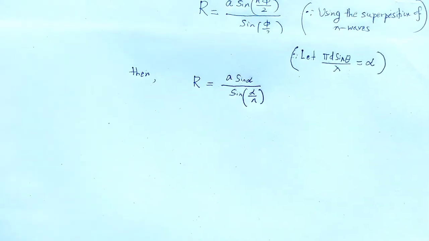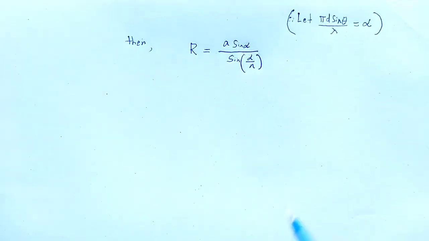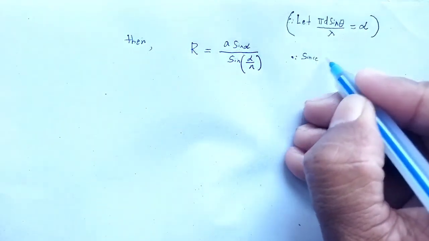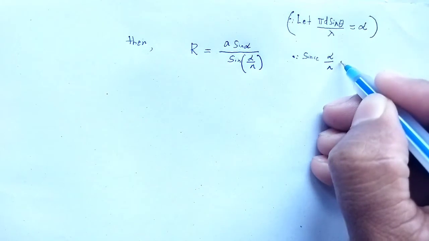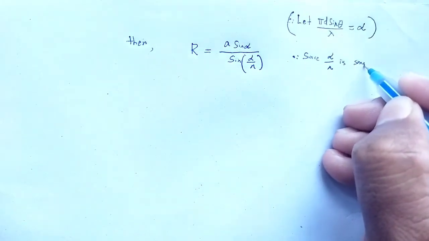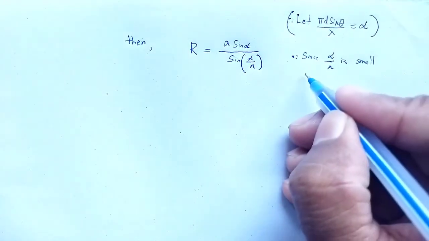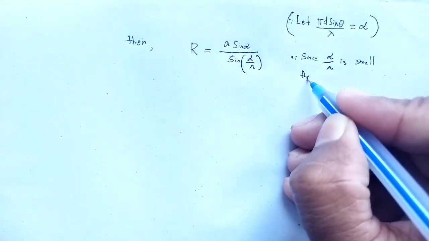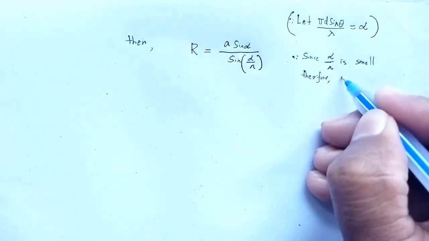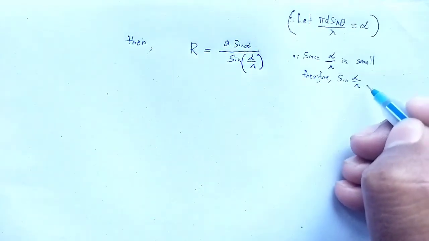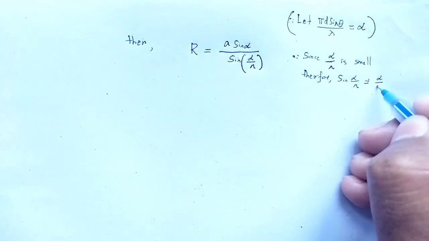Since alpha by n is small, for n number of parts it is very small, therefore sin of alpha by n, for a small angle, is nearly equal to alpha by n.